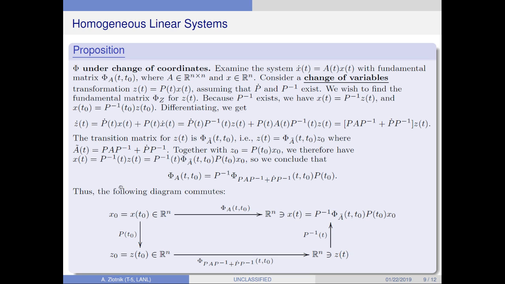And thus, we see that the diagram commutes. So if we go from the state x at t0 with the similarity transform to z, then we can apply the fundamental matrix in the transformed variables to get z evolved to time t. We can invert the similarity transform to get x at time t, and likewise invert the fundamental matrix to get back to x at the initial state.